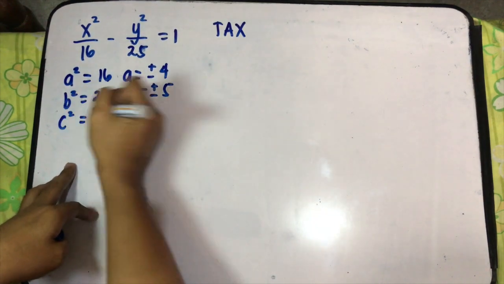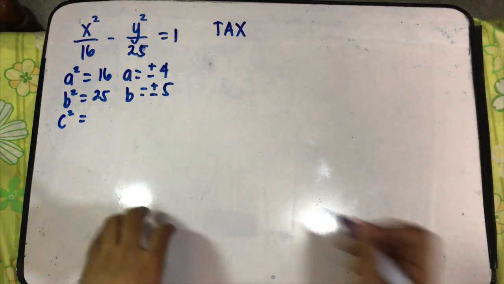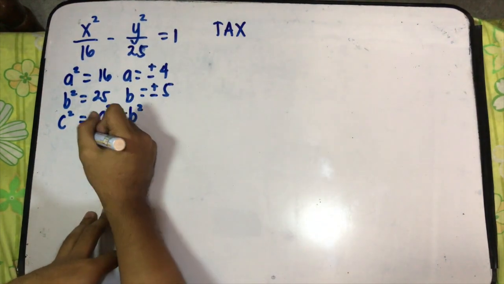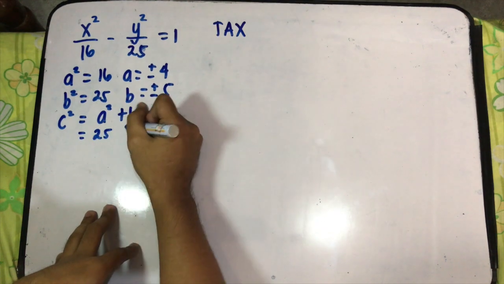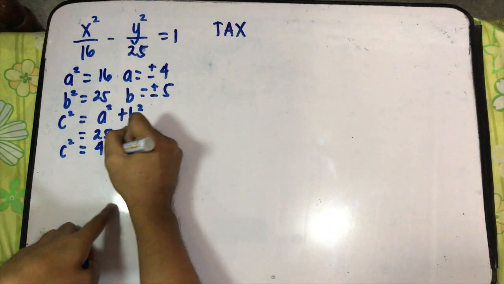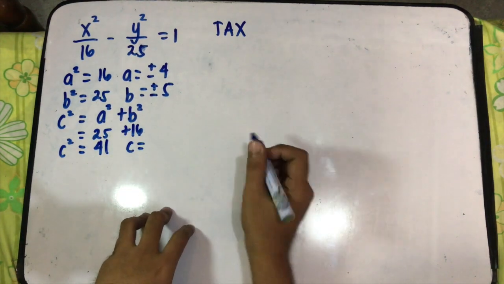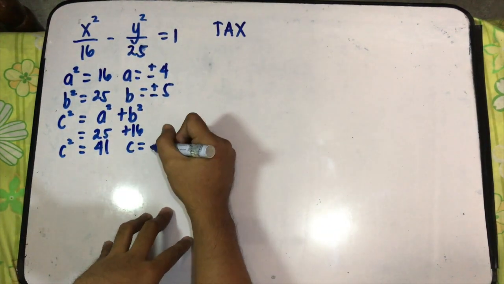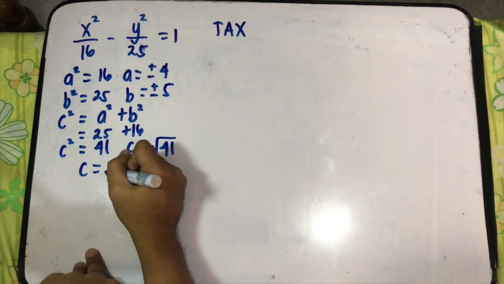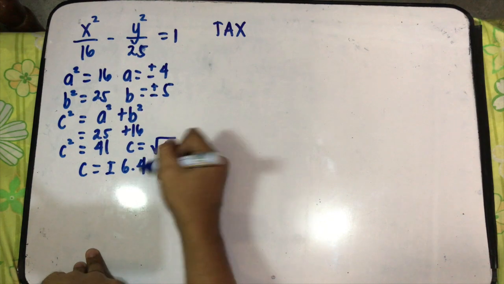And c squared is equal to a squared plus b squared, that is 25 plus 16, therefore c squared is equal to 41, and c is equal to square root of 41, which is plus minus 6.4.